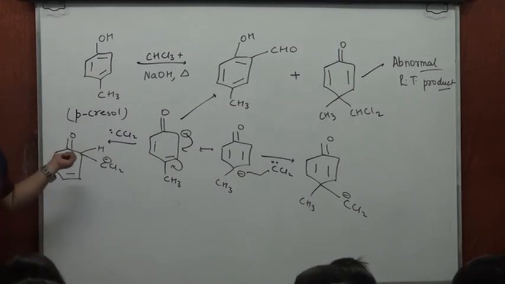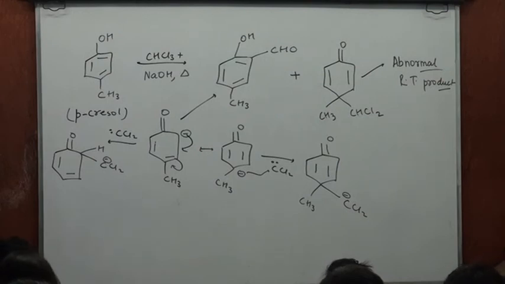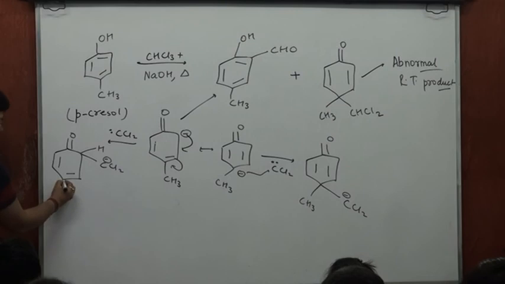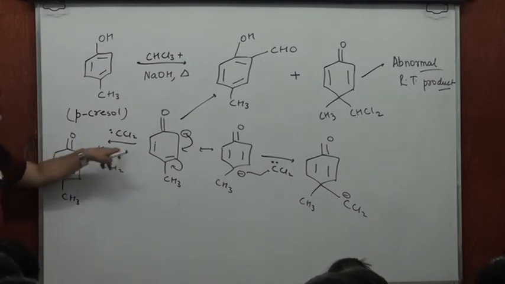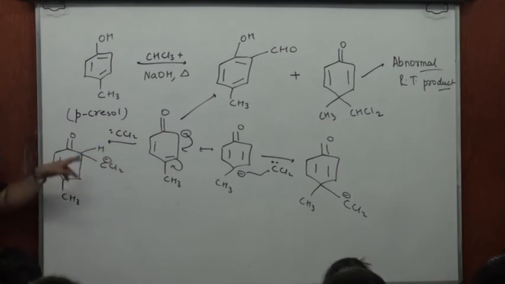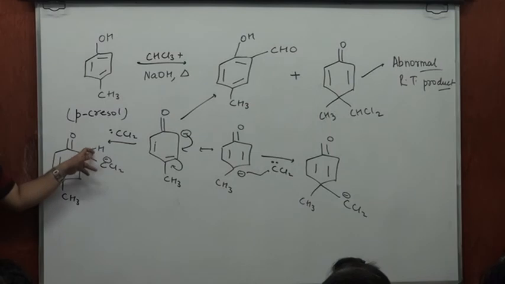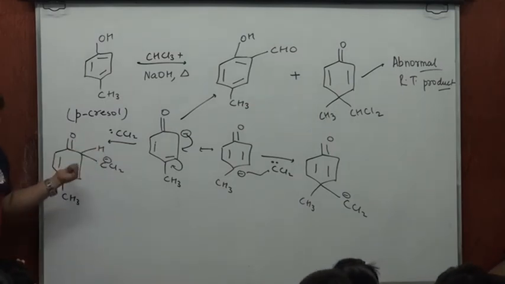Say yes or no? A CH3 out here. But when it comes to the ortho attack, because the ortho position is not occupied, it's free, this hydrogen could be used in tautomerism. It could be tautomerized to make the ring aromatic again.